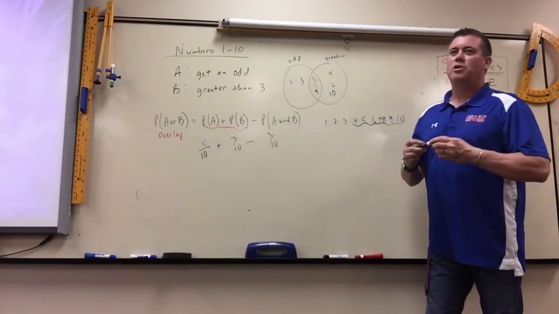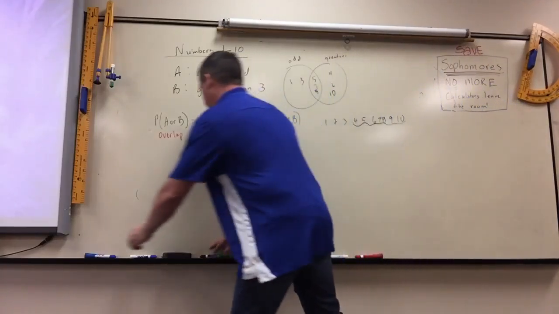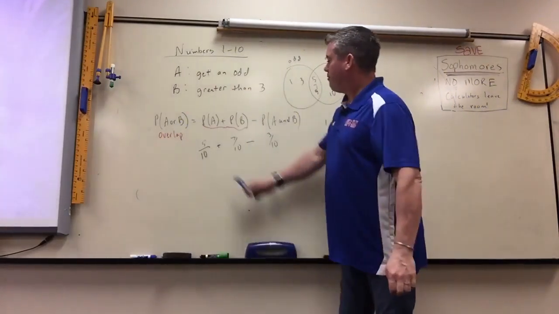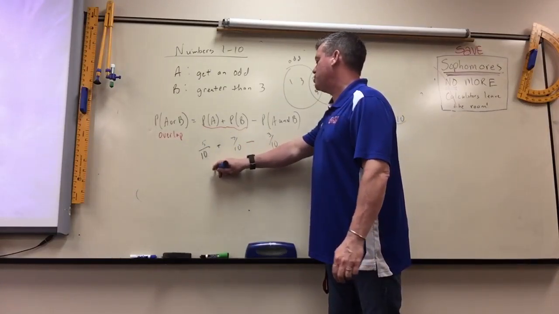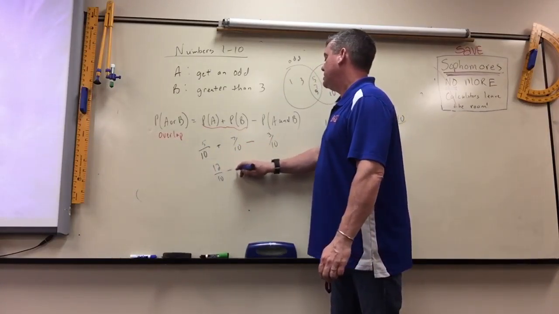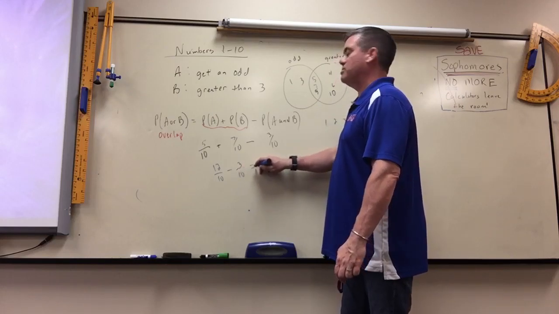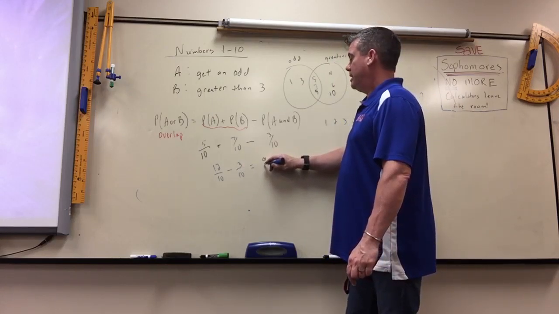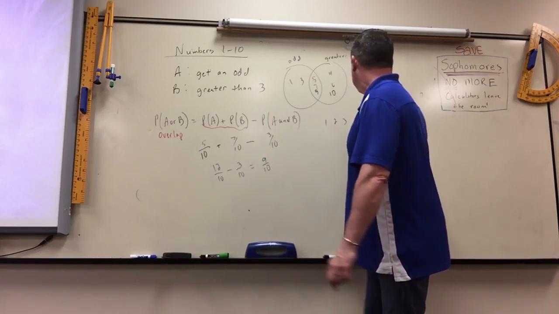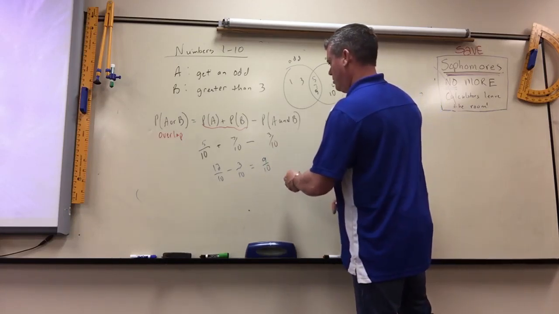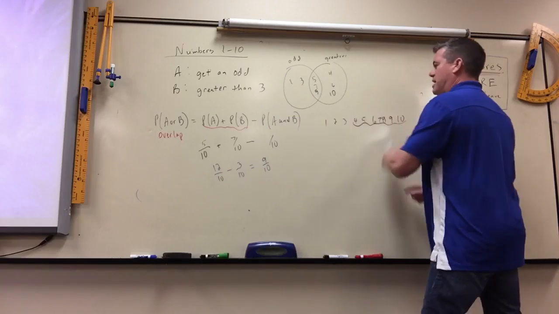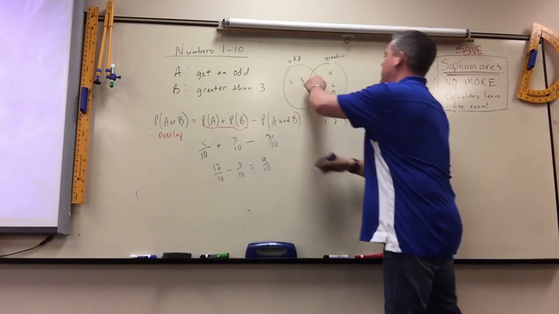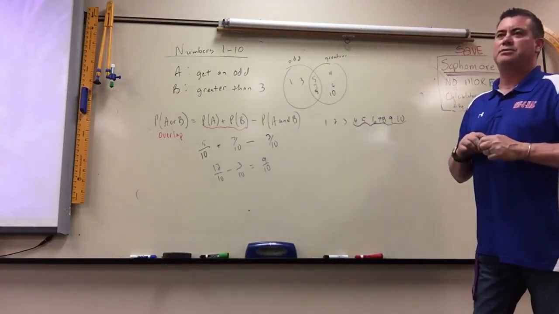So when we do this, 5/10 plus 7/10 is 12/10. Take away 3/10 is 9/10. So 9/10 is the probability.